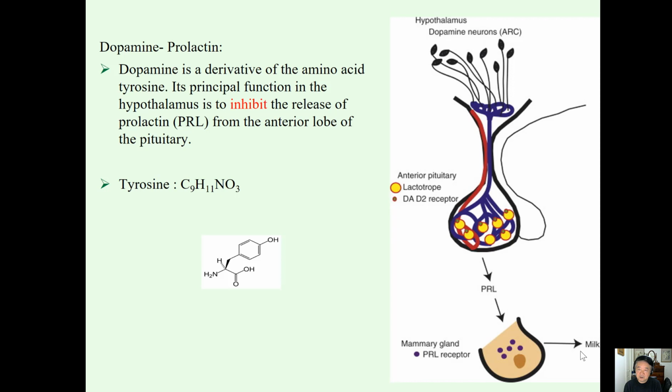If they produce milk, it's very hard to get pregnant. Therefore, the patients find it very hard to have a baby. So this is why antipsychotic drugs can cause milk production. In men, some patients can develop enlarged breasts. So this is via this pathway.